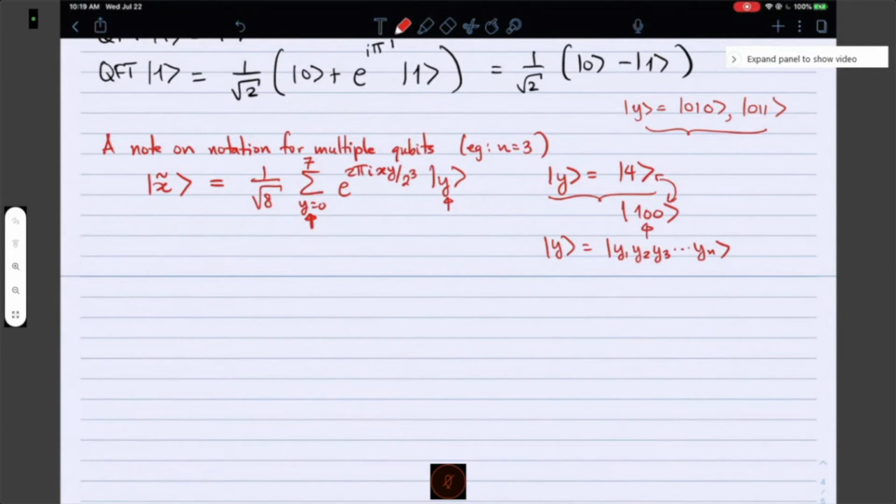These are bits. They're all zeros and ones. So the sum over y from 0 to 7 becomes: y1 goes from 0 to 1, y2 goes from 0 to 1, y3 goes from 0 to 1, and so on until the last number, yn, goes from 0 to 1. So this is why you see people changing between the two notations.